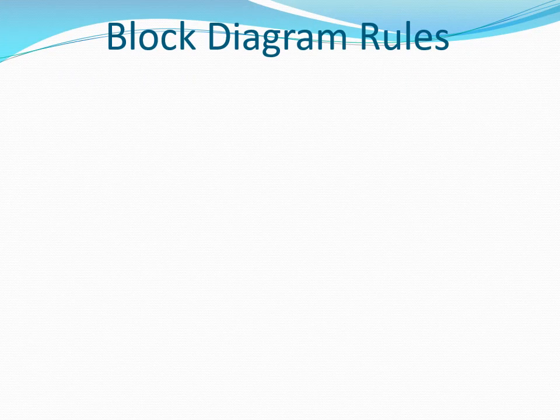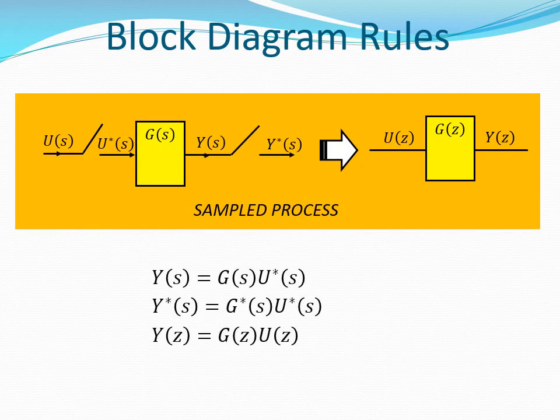Let's look at block diagram rules. We will begin with the block diagram for a sampled process. We have already derived the relationship between the output and the input of a sampled process, and we expressed it using Z transforms.